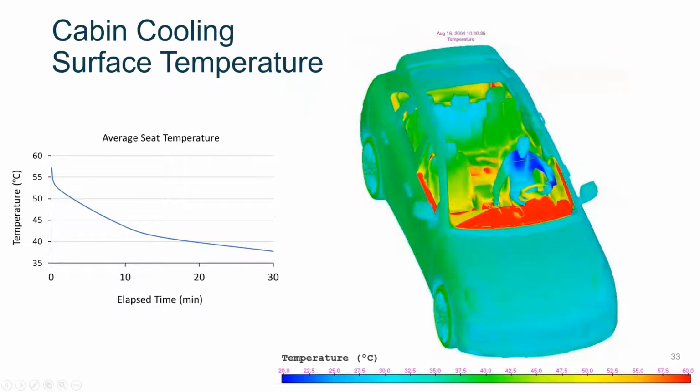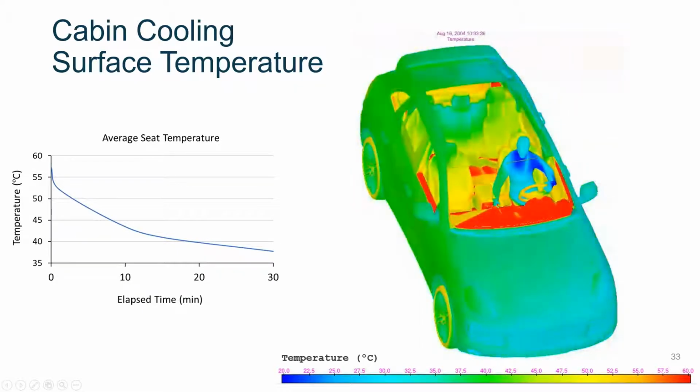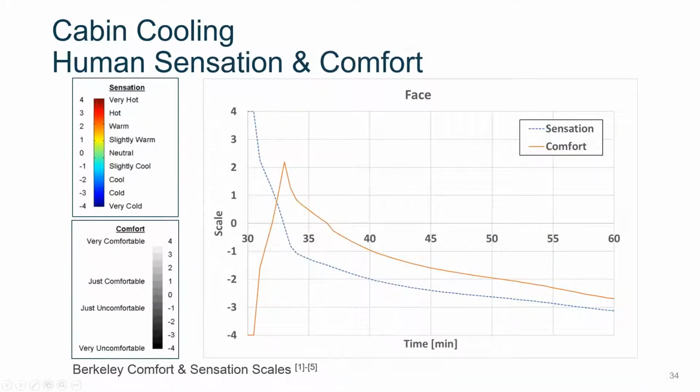And then you can look at the surface temperature over the cool down. The surface temperatures cooling down during 30 minutes. And in addition, you can look at the human comfort, so whether the driver is feeling comfortable or not. We look at sensation. This means, is he feeling very hot or very cold? And is he comfortable?